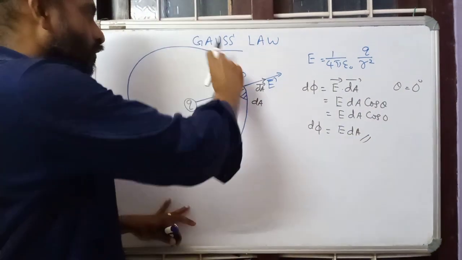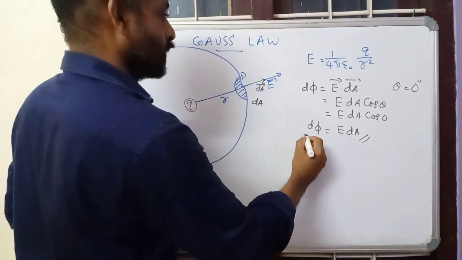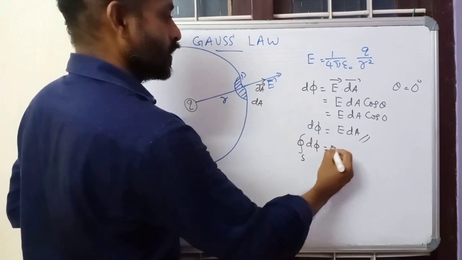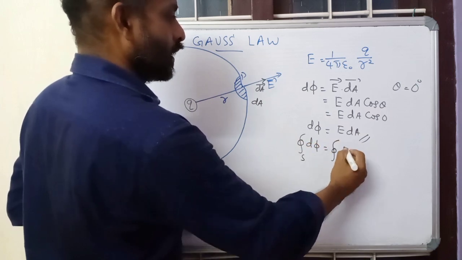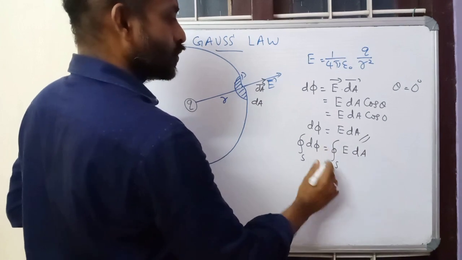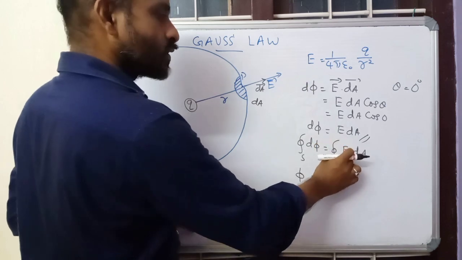Now we need to find the total flux through the entire surface. To find the total flux, we will integrate this. So integral d phi is equal to the closed surface integral of E into dA. Our total flux is phi on the left side. On the right side, E is constant.